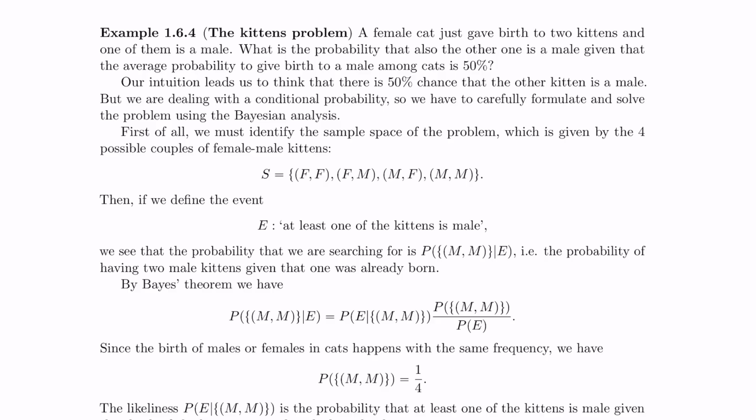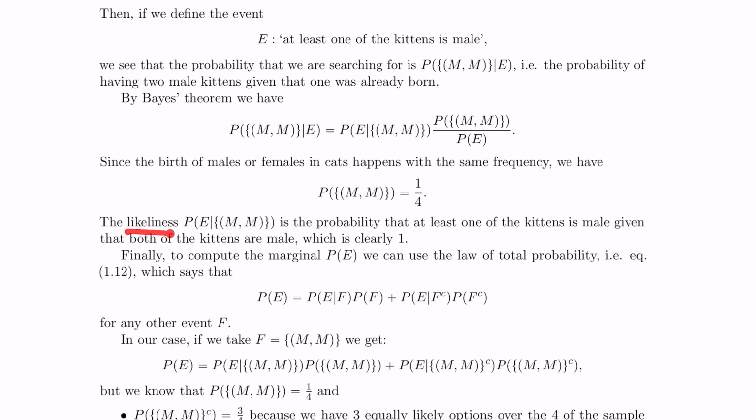These outcomes are equally likely, and so we have that this probability is just 1/4. Now let's consider what we have called the likelihood. This is the probability that at least one of the kittens is male, given that both kittens are male, but this is of course 1.